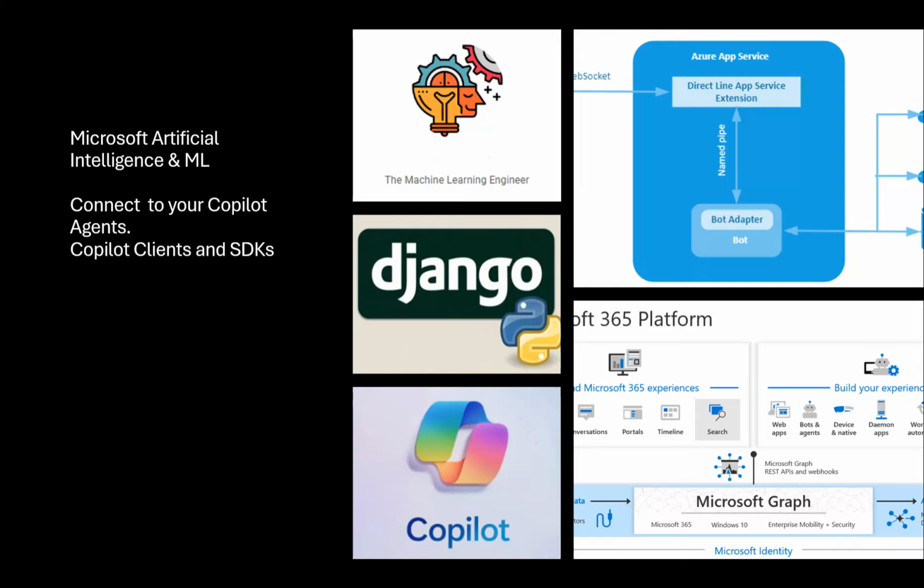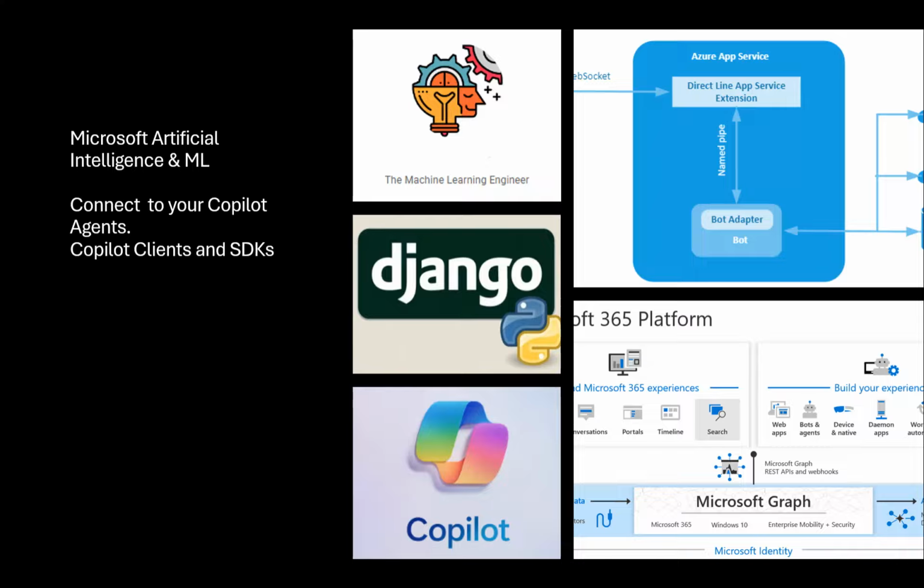How can we connect from an external application to our agent and use it like we were inside the 365 world working with Teams, for example? We can use the same agent that we have published into a Teams channel from an external application.